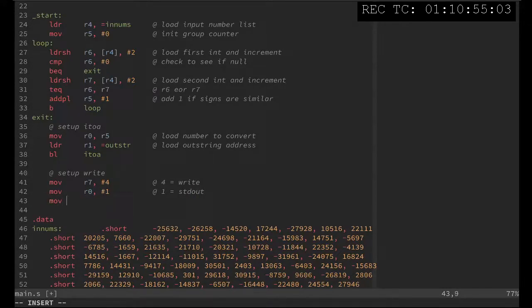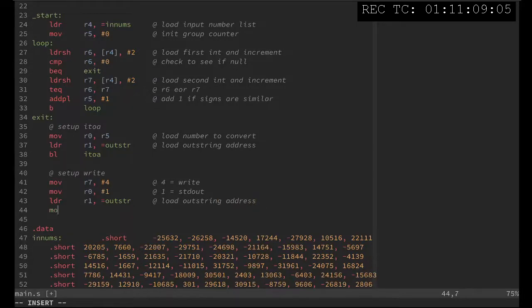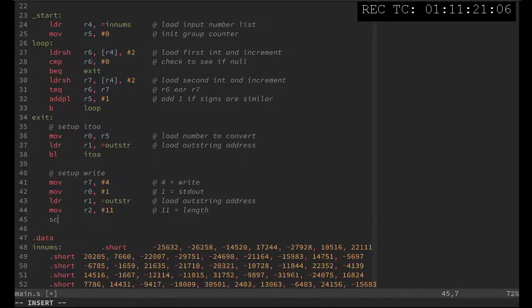Second parameter is going to be our outstring. And then our last parameter is going to be the length. We'll put R2 this time and not R3 again. And then invoke it using supervisor call 0.